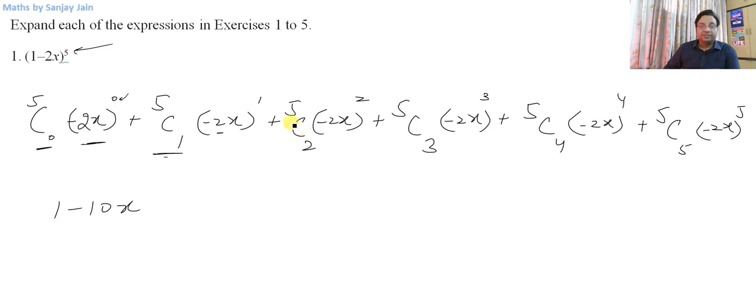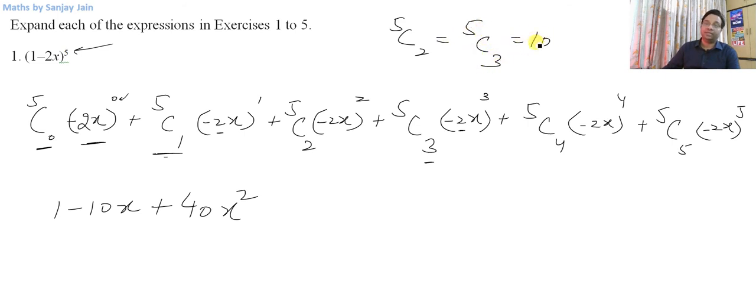Now see, this is 5c2, 5c2 is 10, and minus 2 squared is 4, so 40x squared. This is minus 8, this is 10. 5c3 and 5c2 are equal, and these are equal to 10. So 10 into minus 8 is minus 80x raised to power 3.